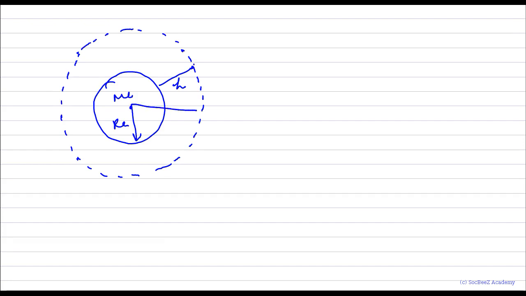So the radius of this orbit is Re plus h. The orbital velocity, let's say, is v naught.